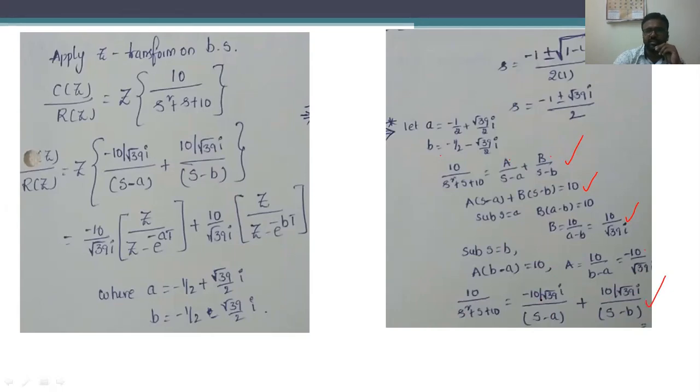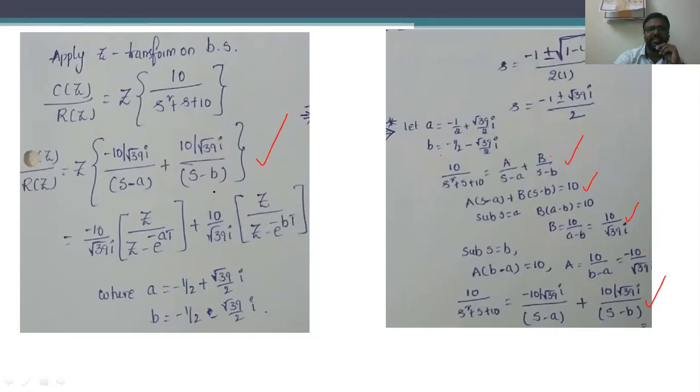It is represented as 1 divided by s minus a, or 1 divided by s minus b. The Z transform for this function is here, on this particular slide. What is the Z transform of 1 by s minus a?